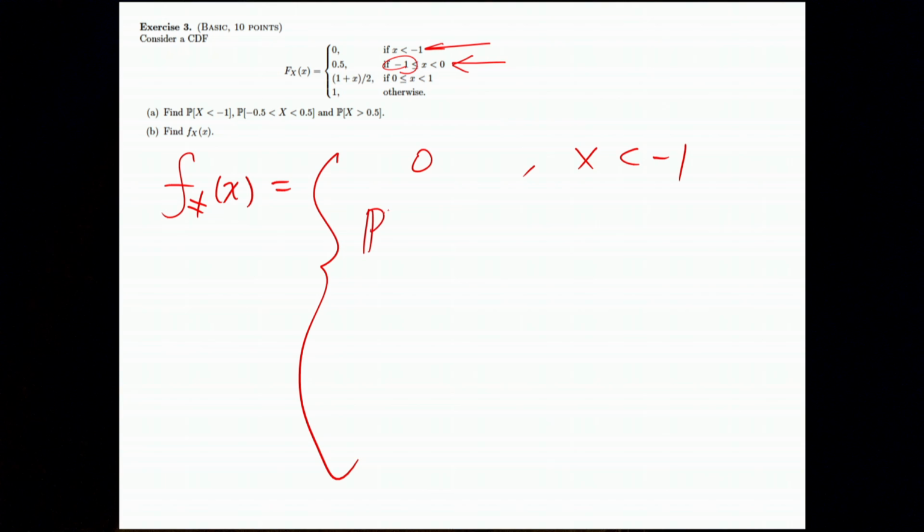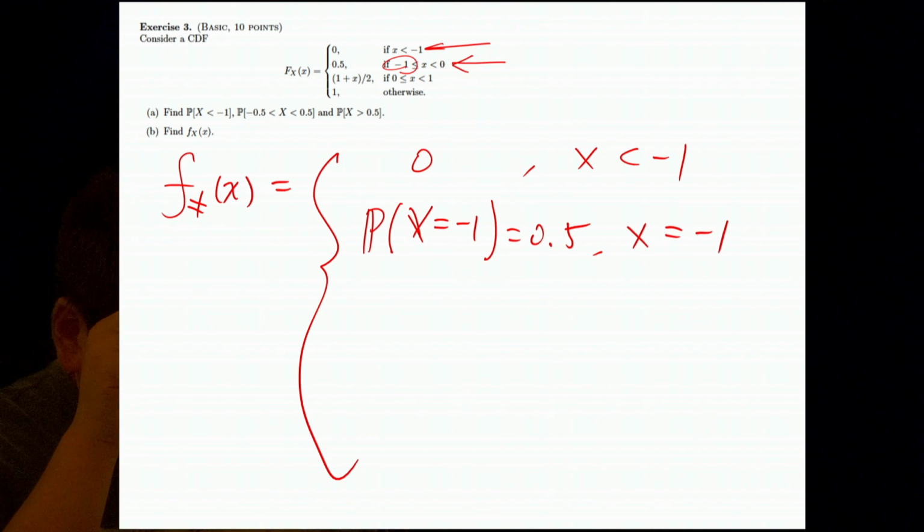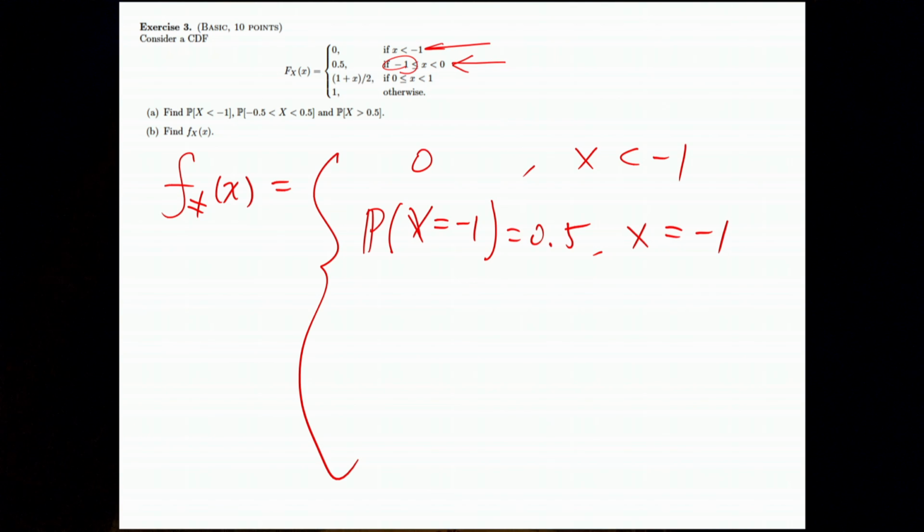So its probability of x equals minus 1 is 0.5. We draw the figure later, since we know that F of x at minus 1 minus F of x at minus 1 left, there'll be 0.5 minus 0, which is 0.5.